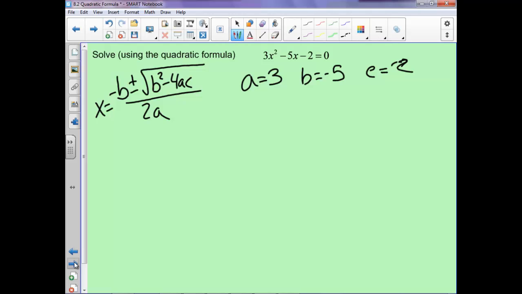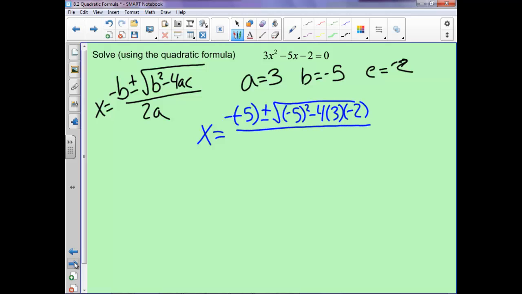So when we use that, we're going to have x equals negative 5 plus or minus square root of this negative 5 squared minus 4 times our a times our c, all over 2 times our a.